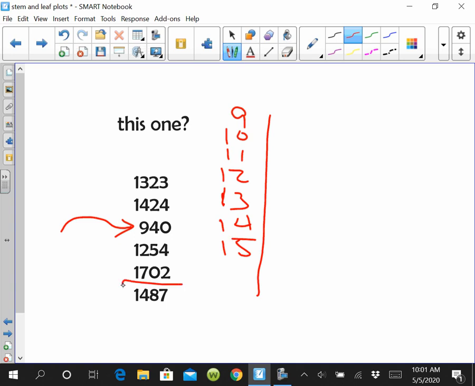I got to get the 17. Okay, so I'd go like this on my stem, and then at 9, I'd put 40. That represents 940. And then at 12, I'd put 54. Do you get the feel? Then I can get the numbers on there if my stem is mostly 2-digit numbers.